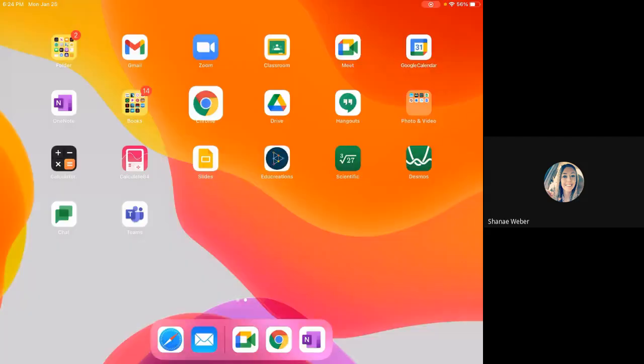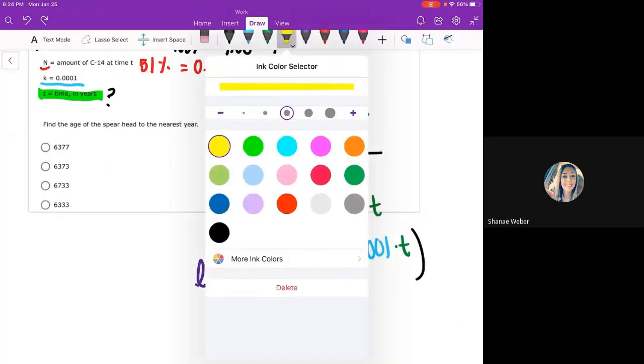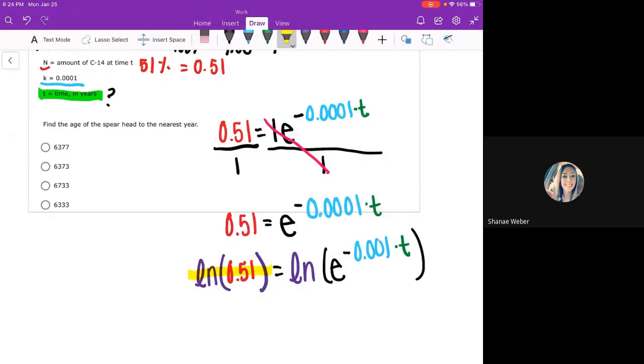So I'm going to simplify this to negative 0.6733. And what the natural log does on the other side is the natural log and the e actually just cancel out. And guess what? That allows us to bring that exponent down to the ground. I forgot another 0 over here, sorry. Times t.